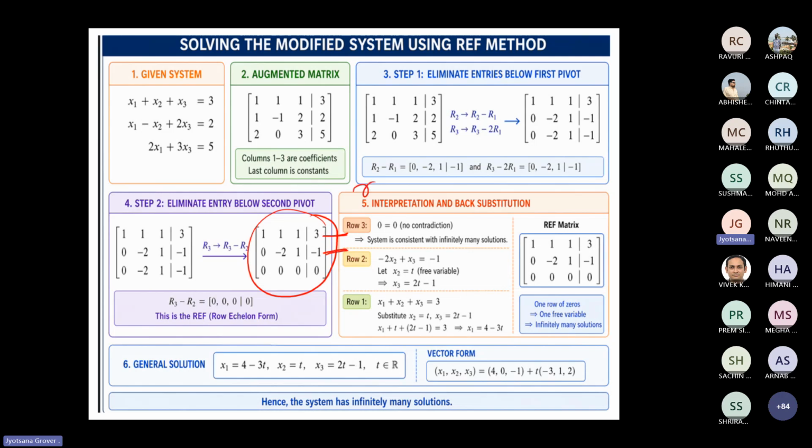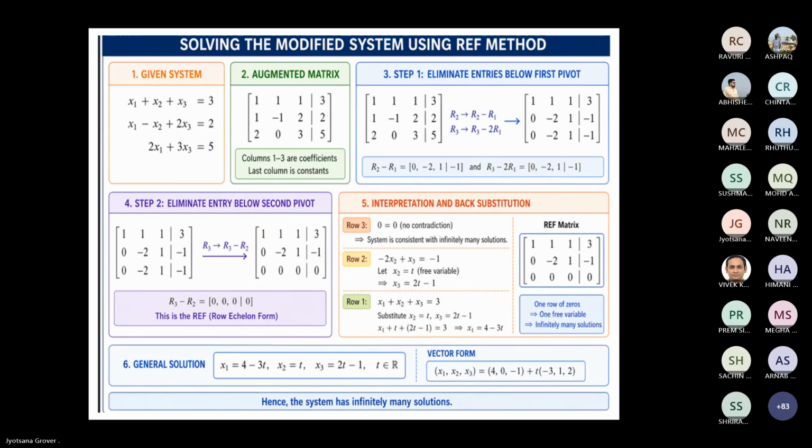So rank of A is the same as rank of the augmented matrix, and it is less than the number of variables, 3, because it is 2. In this case, when the ranks of both A and the augmented matrix are equal but less than the number of variables, you will have infinite solutions. Now I'll tell you how infinite solutions.